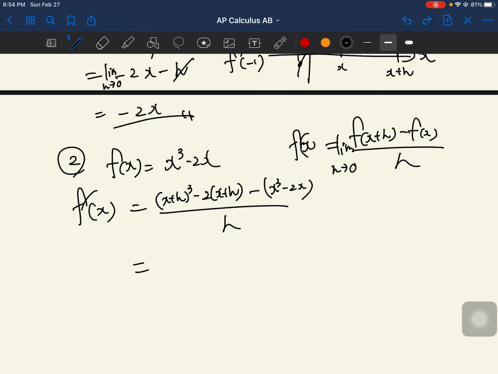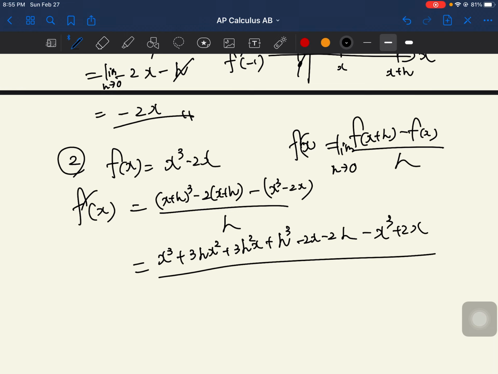And it's a bit tricky to expand it, but remember that it's going to be x cubed plus 3hx squared plus 3h squared x plus h cubed negative 2x negative 2h negative x cubed plus 2x over h in the limit. I forgot the limit.